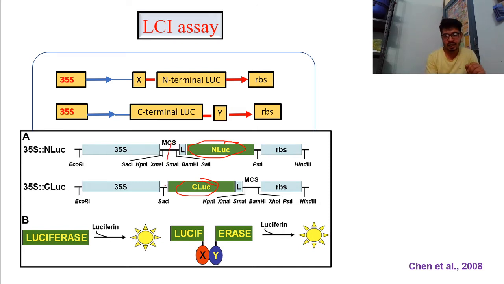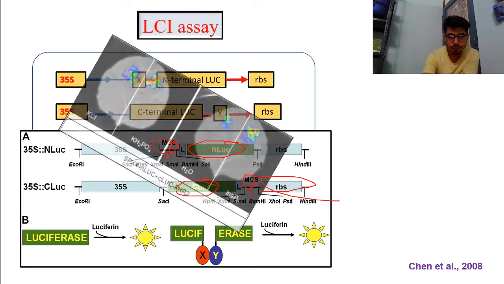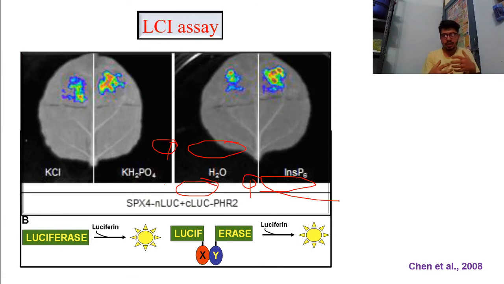You will cut here, and on this site you will incorporate your gene of interest with a suitable set of restriction sites. This is the RBS, a ribosomal binding site, because the ribosome has to be there to synthesize your protein of interest.